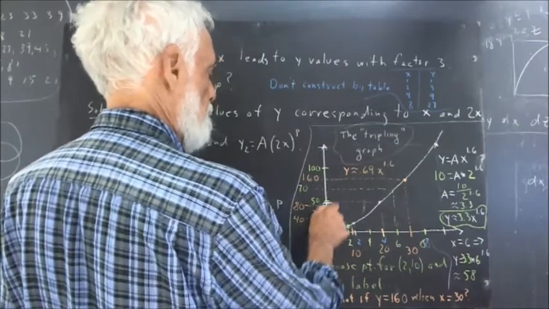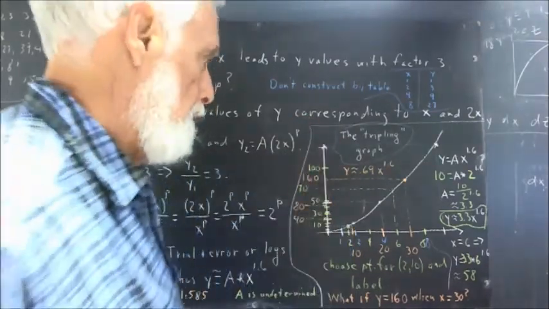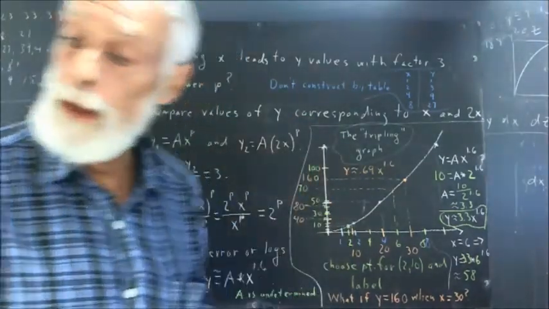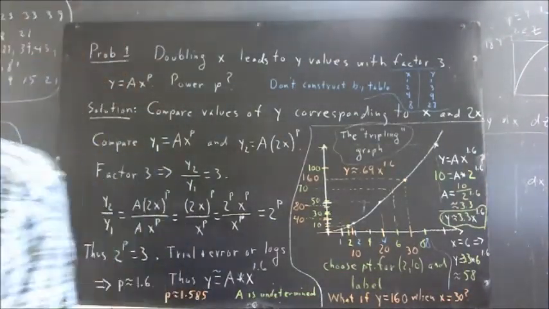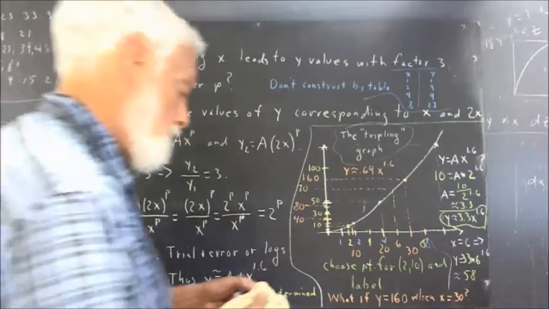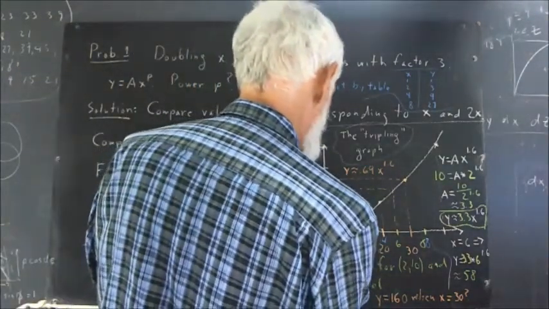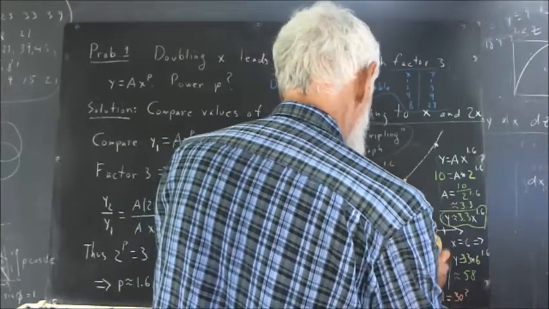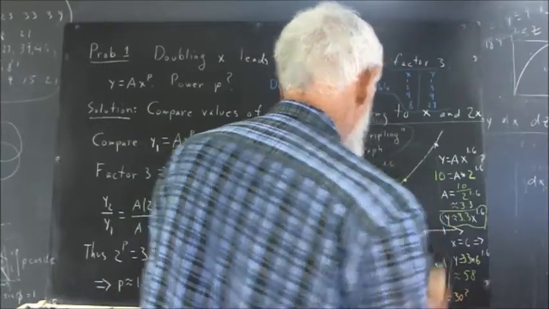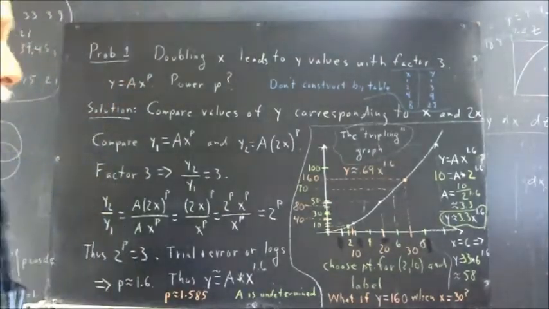Labeling this 1, 3, 9, 27, and so forth. We don't want those numbers on our graph because they clutter things up. They get in the way when we're trying to deal with real information. Okay, so we don't want that.